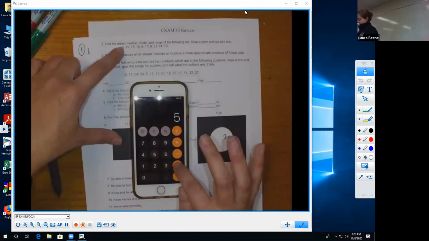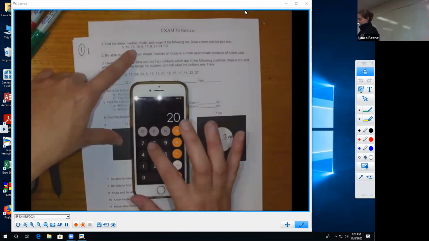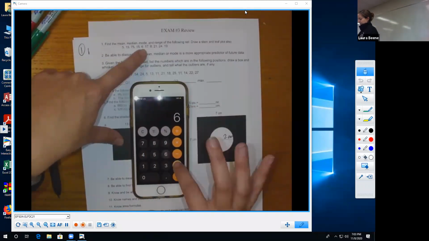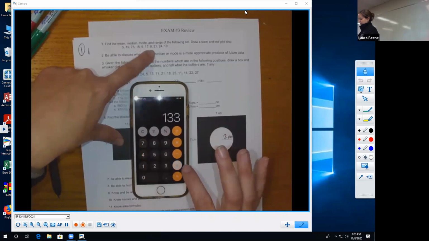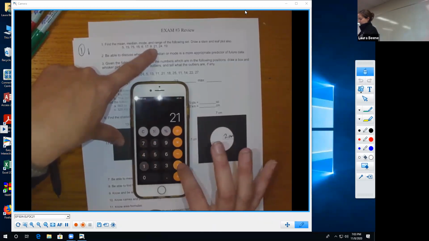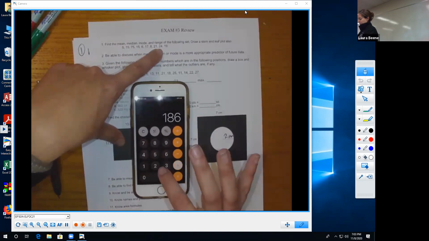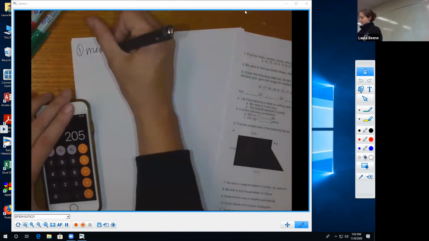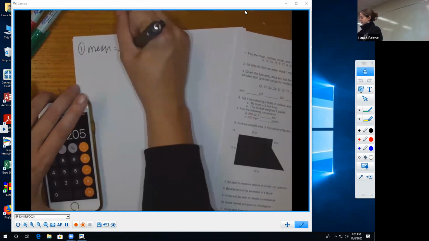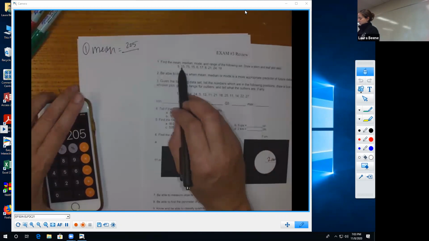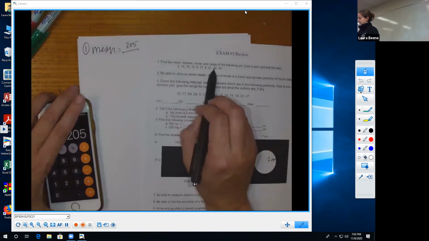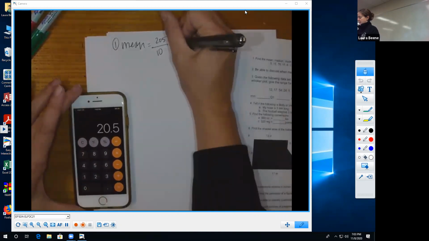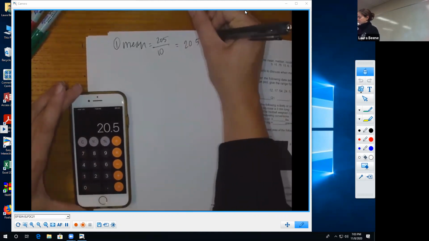So let's say 5 plus 15 plus 75 plus 15 plus 6 plus 17 plus 8 plus 21 plus 24 plus 19 is 205. And there are 1, 2, 3, 4, 5, 6, 7, 8, 9, 10. So when I divide by 10, I get the mean to be 20.5.